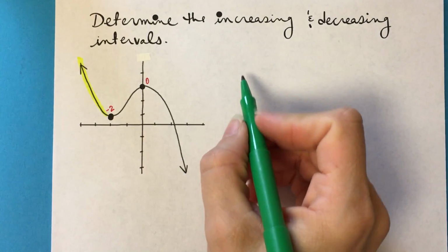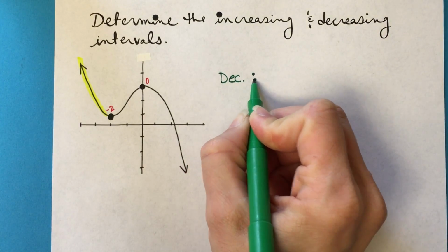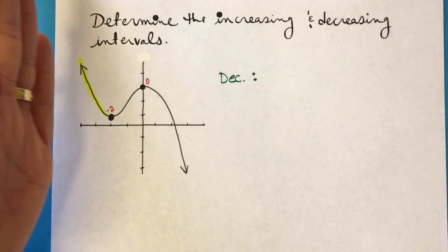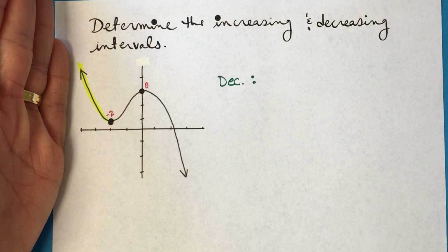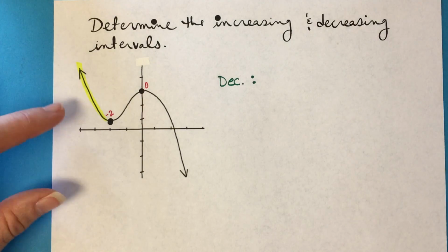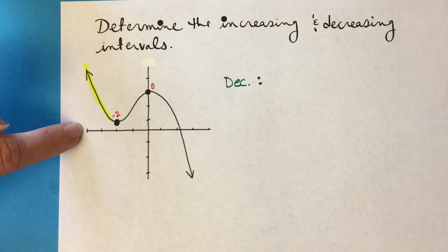So I'm going to get this started and write down what I know so far. Now, I started on the left. Here's what's confusing sometimes: it actually doesn't matter whether this end is pointing up or pointing down. It's the fact that I started at the left end of the x-axis, because remember, you're only using x values to describe this.